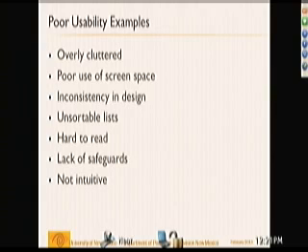Poor use of screen space. There's a whole science to how to market this stuff, how screens are set up and how the human mind works with them, and you know, the whole rule of thirds, and that's for website design and, well, any print material really.